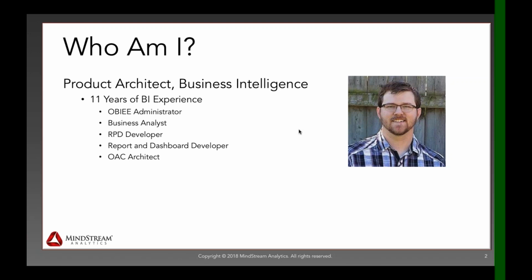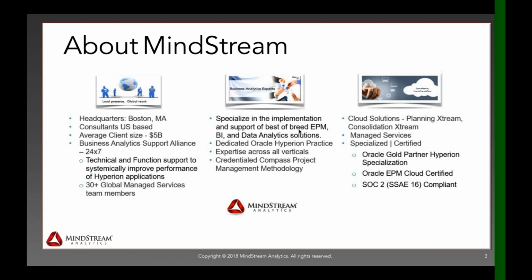I started out working in the front end, building reports and dashboards for end users, and then gradually moved between more functional roles like business analyst and more technical roles, learning the ins and outs of modeling data within the repository, data modeling within a database, and a little bit of detail work, so kind of everywhere in between. In today's world, that translates into a transition to an OAC architect type of role.